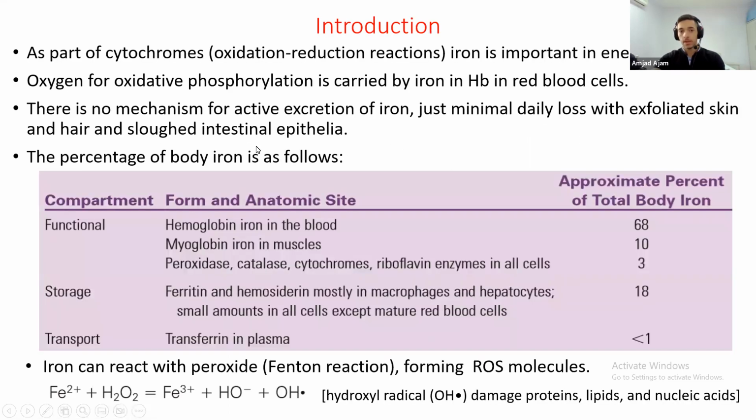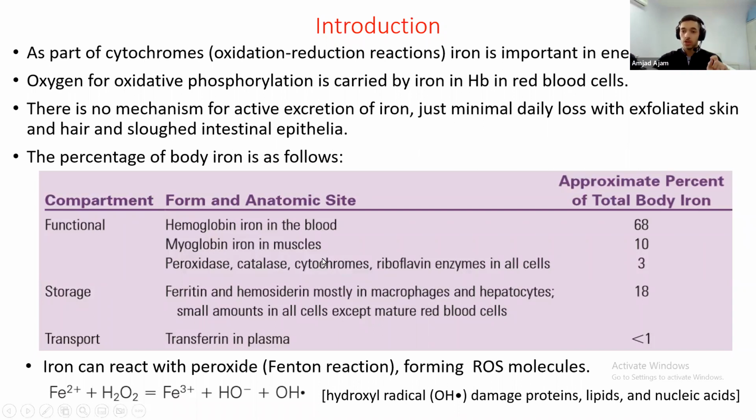Now let's begin the introduction. Let's talk about the function of iron in our body. For the functional form of iron, first of all, it's important in hemoglobin, basically to attach oxygen and transport it through the body. It is also found in myoglobin in muscles. So myoglobin in the muscles stores the oxygen for muscle contraction.